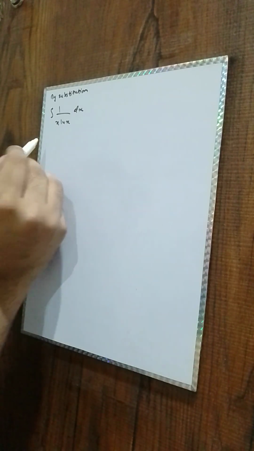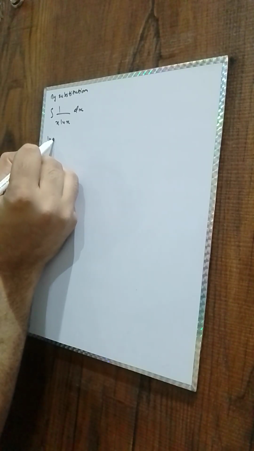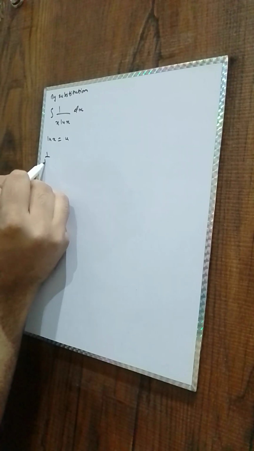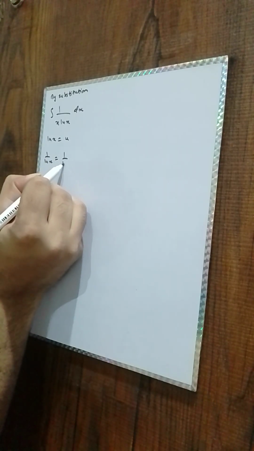So we are supposed to find the integral. So the tricky thing is the substitution. You see, natural log of x is put as equal to u, and 1 by natural log of x would be 1 by u.